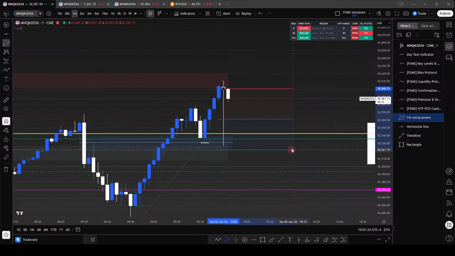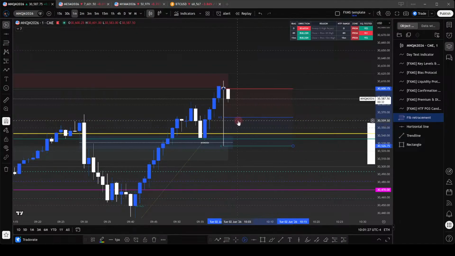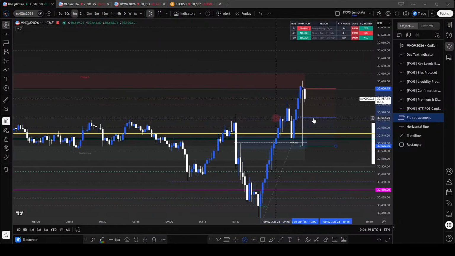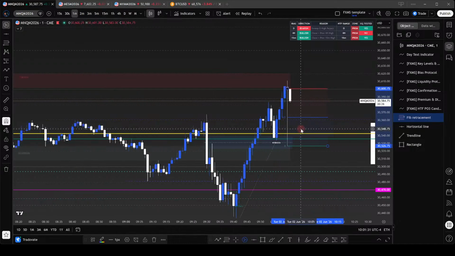So you can take the 50% of it. It's right back at the New York highs that we swept before, back to this order block.